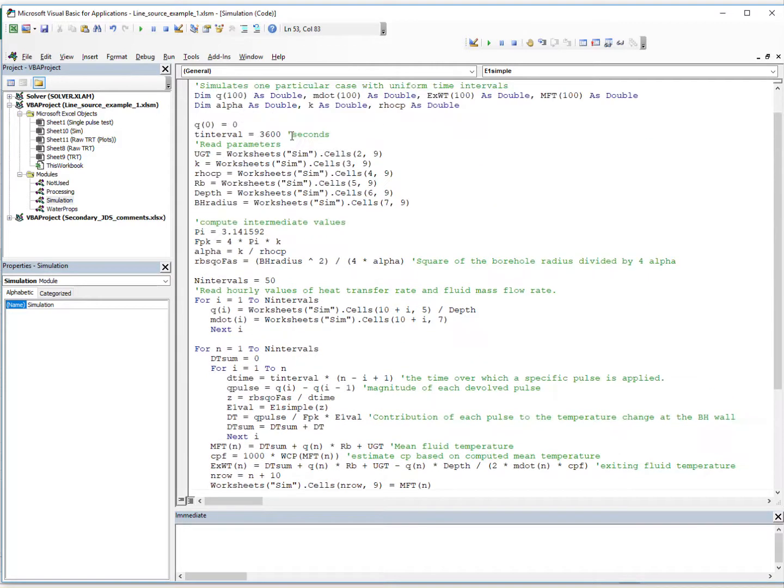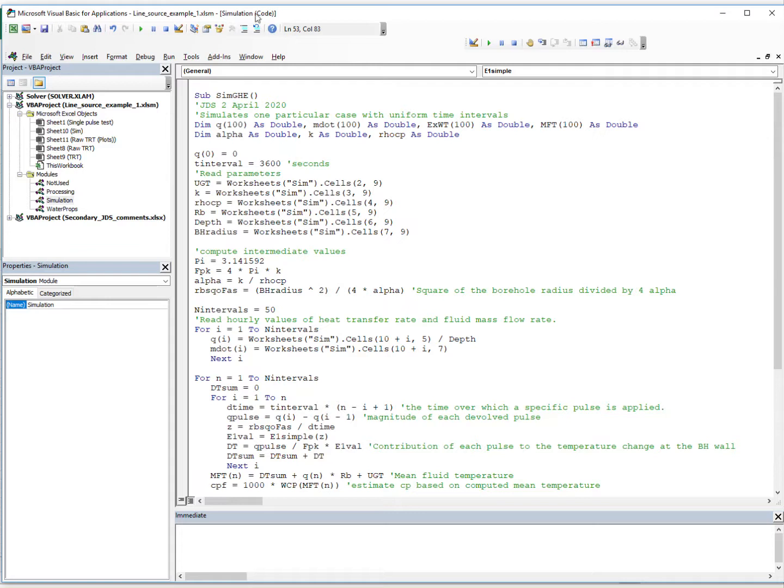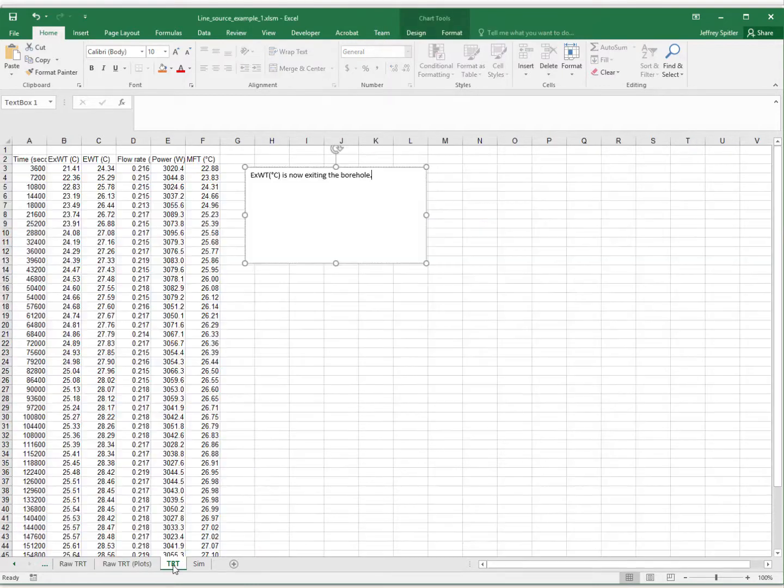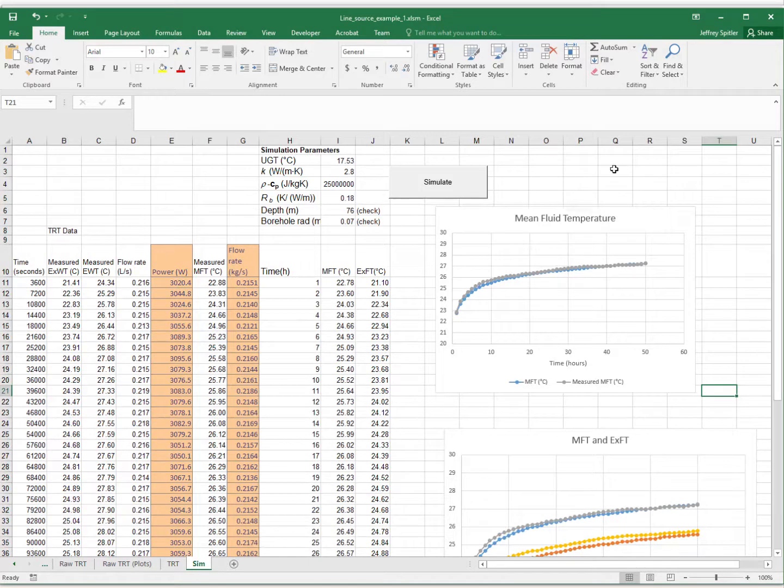Okay, and then I put a button on the spreadsheet. There's the plots, TRT, simulation. When I started, I didn't have a good idea of what the ground conductivity was. Now, I'll just say that 2.8 and an RB of 0.18 give us a pretty good idea.